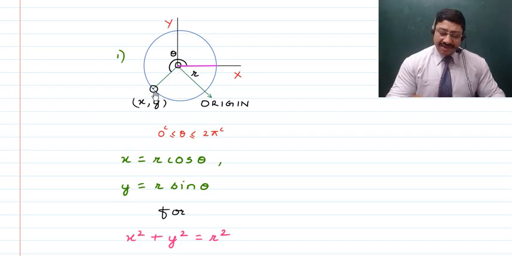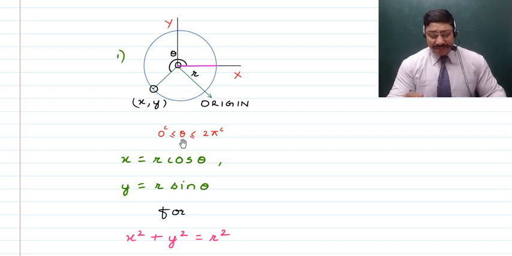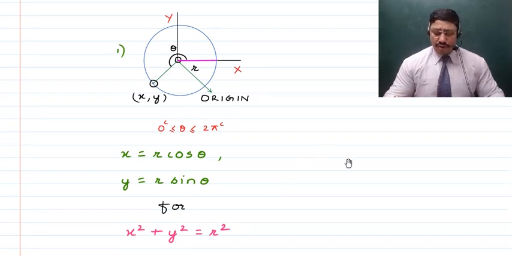Now, if we consider a point x comma y on the circumference and join it to the center of the circle and find out the angle of this radial line with another radial line drawn from the origin on the x-axis, this becomes the angle theta. This is the parameter. Now, theta varies from 0 radians to 2 pi radians. Now, if you talk about the parametric form, it is given by x to be r cos theta and y to be r sin theta.